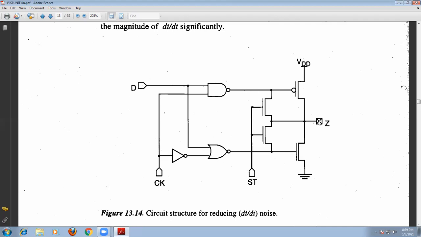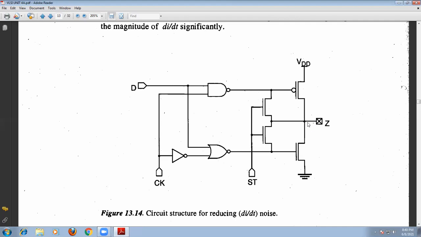Because the load capacitance will be here, whatever the initial and final voltage, that voltage will be set at the midpoint of the initial and final voltage of the load capacitance. The initial may be 0 or VDD, so exactly half of VDD will be placed at this point. Like this we are going to reduce the LdI/dt signal.